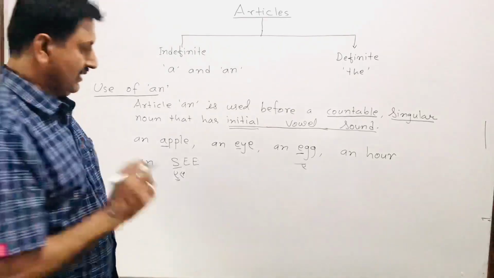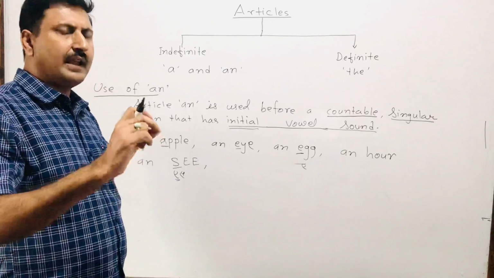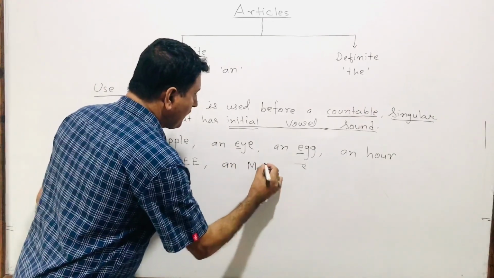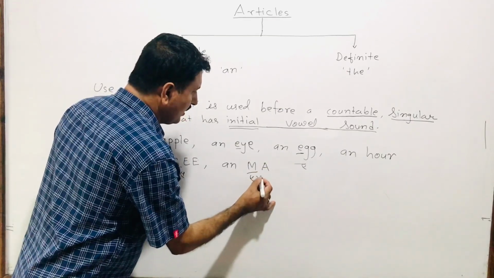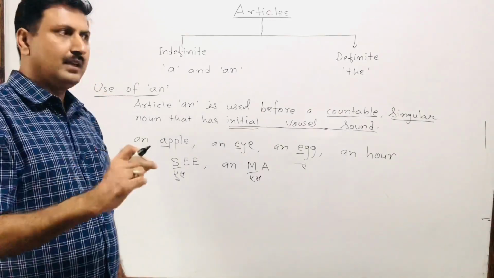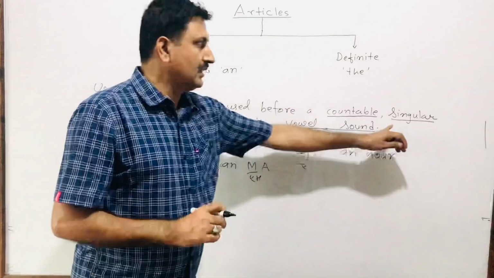An SEE graduate. Similarly, if someone has passed MA, we can write an MA, because this M has a vowel pronunciation. MA, a person. We are talking about a person, singular.